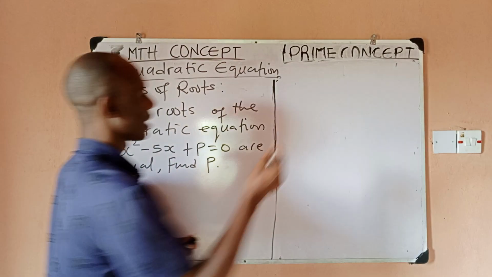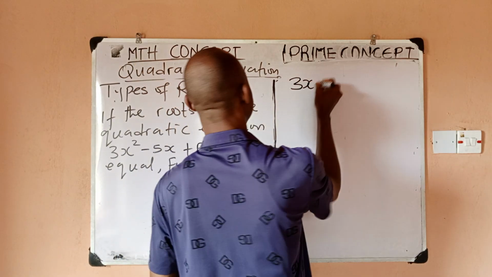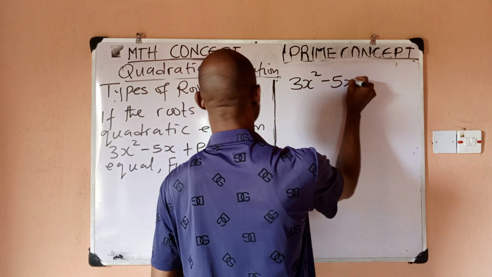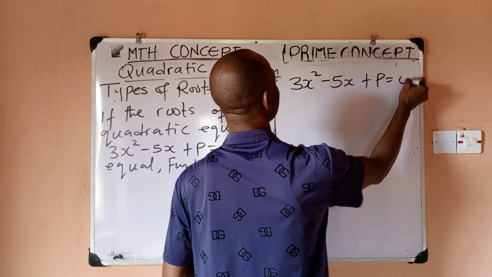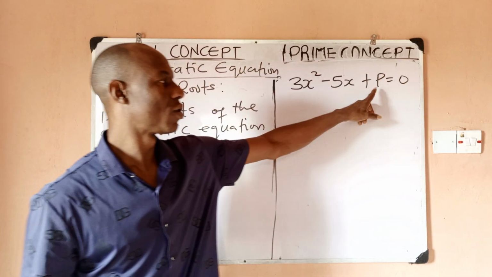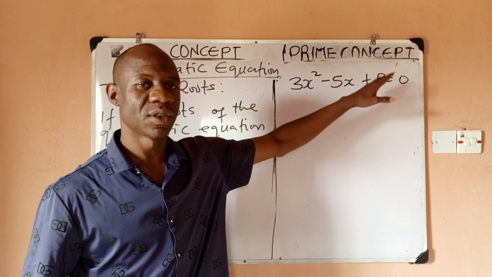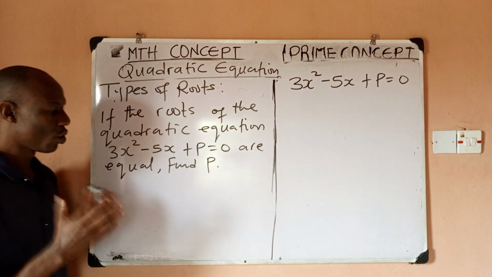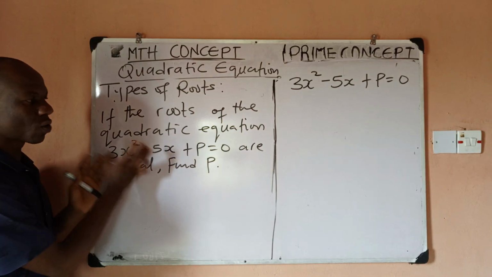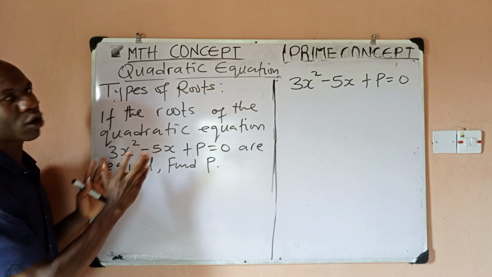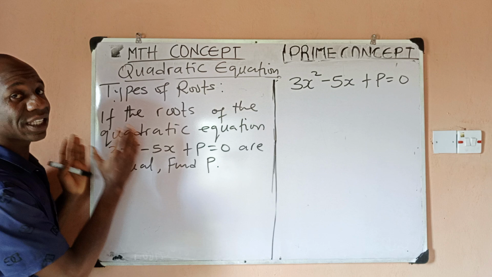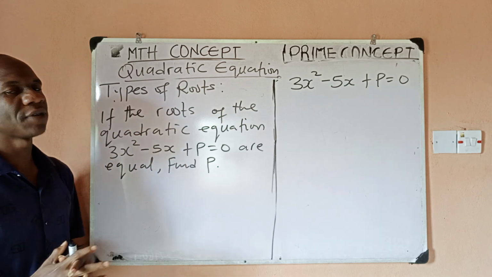So where is the quadratic? Let me write it out. 3x squared minus 5x plus p equals 0. So you see that we're supposed to have a value for p, but they want us to find p. They told us that this quadratic equation has equal roots. So if it has equal roots, we should find the value of p.